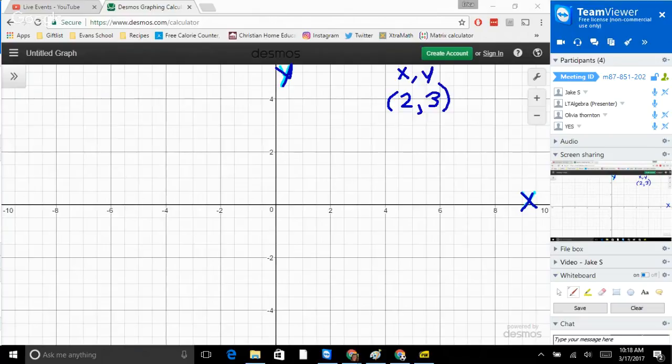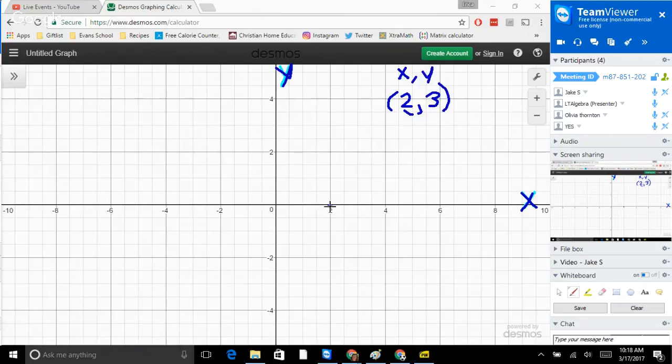you should be able to graph anything. So what I mean by that is if I want to graph (2, 3), that means that I need to go 2 units on my x-axis. This represents 2 units on my x-axis. It isn't completely labeled, but you can see right here that this is where x equals 2.